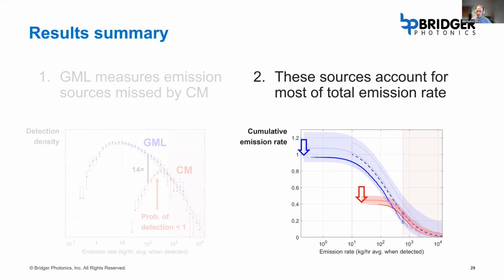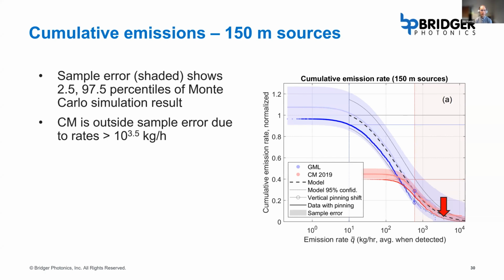Okay, so those are some of the takeaways from the density plot. Now I'd like to move on to the cumulative emission rate plot that I was showing you at the beginning of the talk, and we can get a lot more information out of it now. First thing you'll notice, looking at the carbon mapper distribution of the dark red points on the plot, is that that curve actually lies outside the expected sample error range.